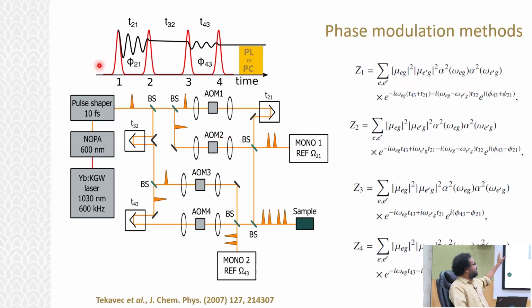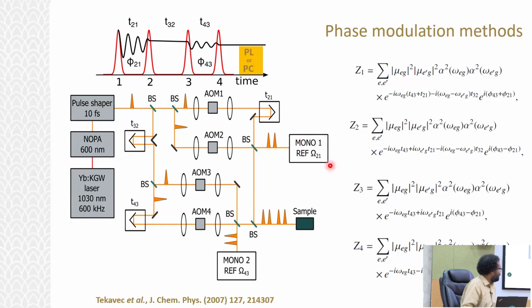Remember, there are 4 pulses. Phi 43 is the phase difference between the 4th and 3rd pulse. Phi 21 is the phase difference between the 2nd and 1st pulse. And you will see that the rephasing and non-rephasing signals now are going to oscillate at specific frequency differences, or frequency sums. Not going to do this.